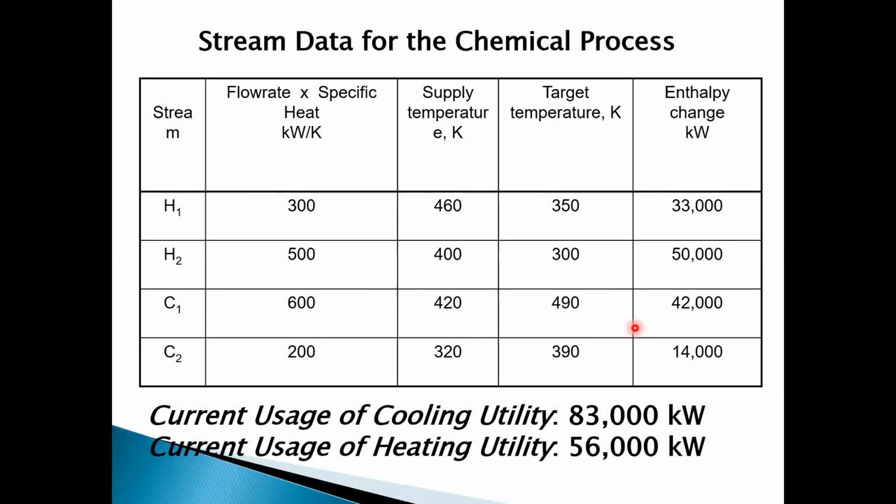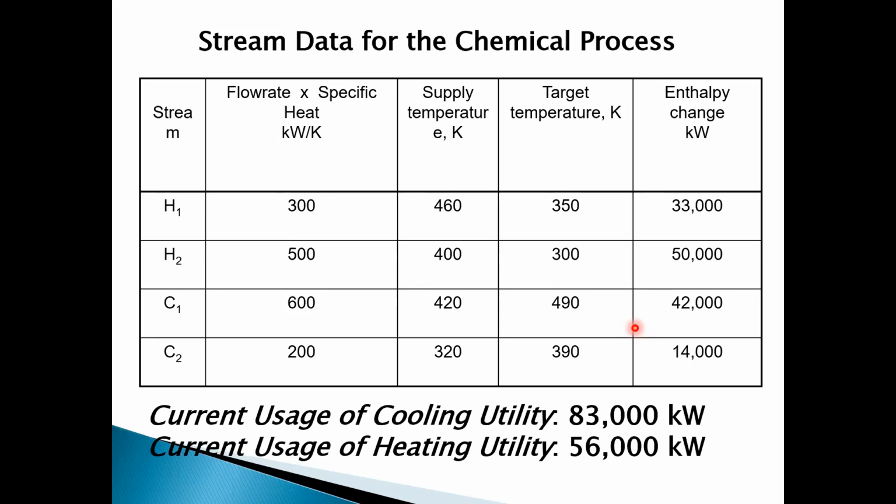If we have the exchange only between the hot streams and the cold streams, what will be the new energy target? How much of utilities? And based on that, I can say that I'll save less or more. Maybe my process is already integrated, maybe not.